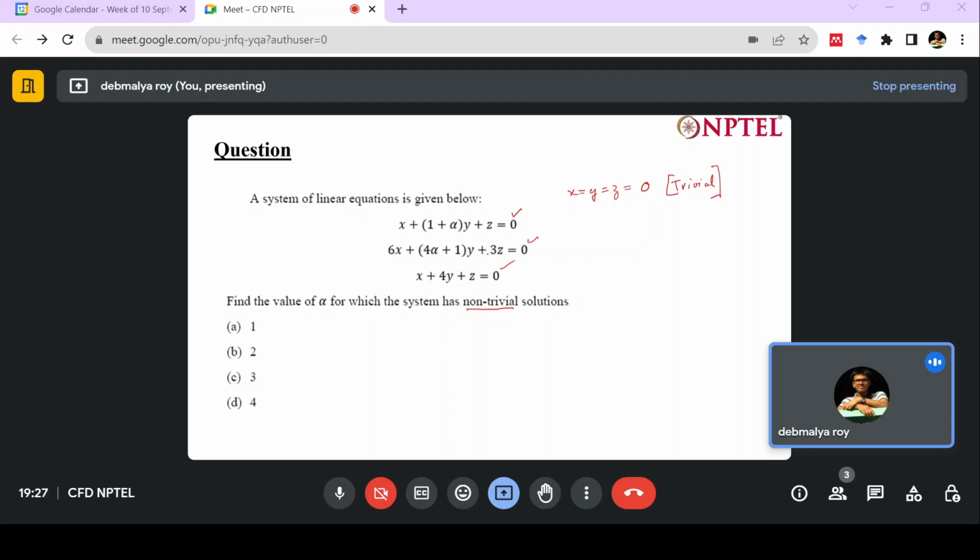If there is just one unique solution, which is RC equal to RA equal to N, that is the condition we arrive at, then it will give us only the trivial solution. If we want non-trivial solutions for this set of equations, we must have RC equal to RA, which is less than N. For that condition, the condition generally used is that the determinant of the coefficient matrix must be 0.